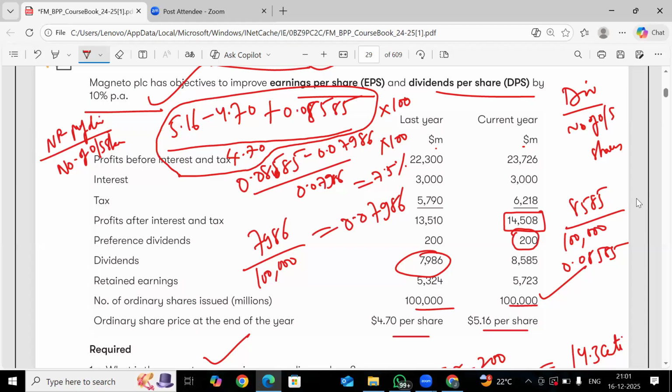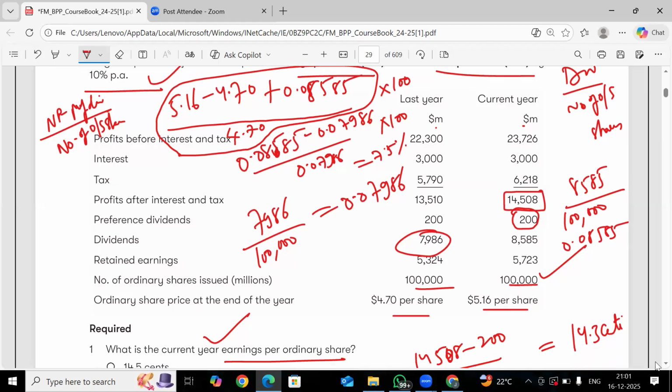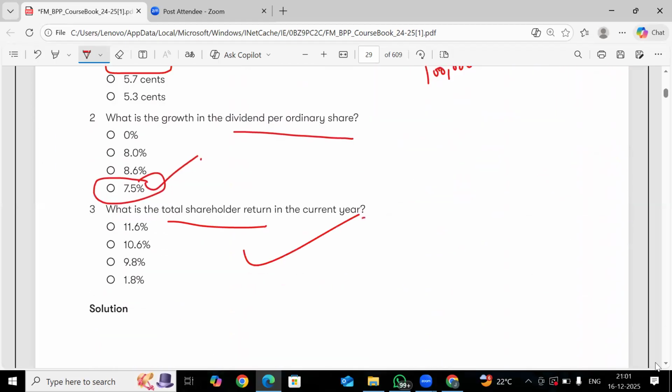Tell me what's the answer. 1.8, sir. 1.8. Are you sure? 11.8 or 1.8? 1.8.